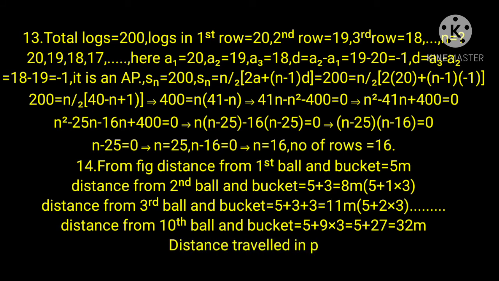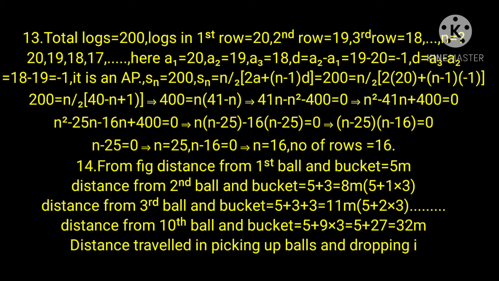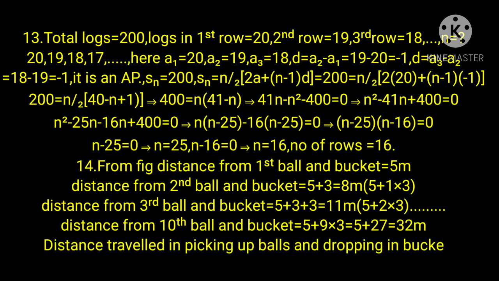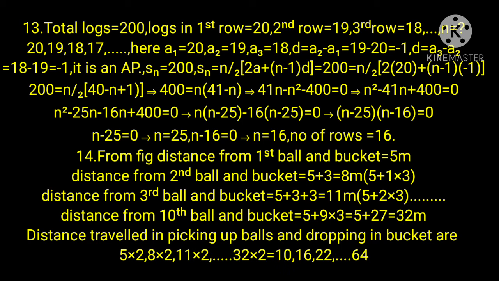Now we have to write the distance traveled in picking up the balls, first ball, second ball, so on, like 10 balls, and dropping in the bucket. That is equal to, we can write here 5 into 2 and 8 into 2 and 11 into 2, so on, 13 into 2. Why? Because once is picking and dropping, no. So that is equal to 10, 16, 22, so on, 64.